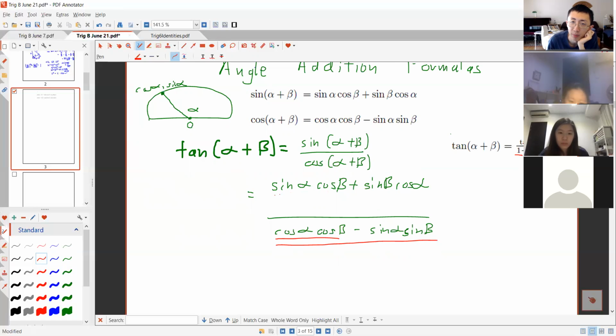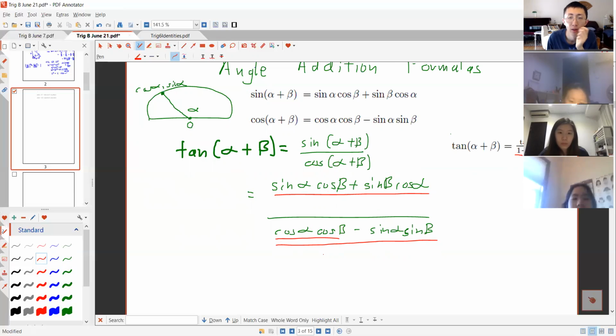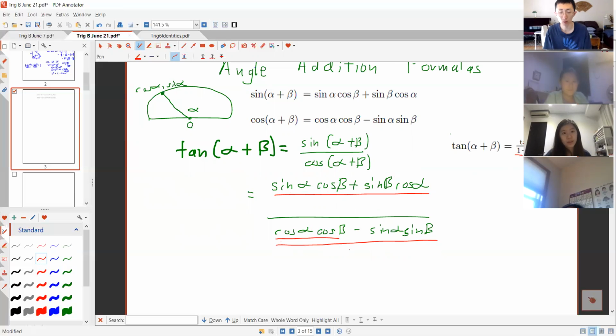So if I divide both the numerator and the denominator by something, how do I make the cos alpha cos beta become 1? You can divide it by cos alpha times cos beta. Yeah, so I'll divide the denominator by cos alpha cos beta, and divide the numerator also by cos alpha cos beta.